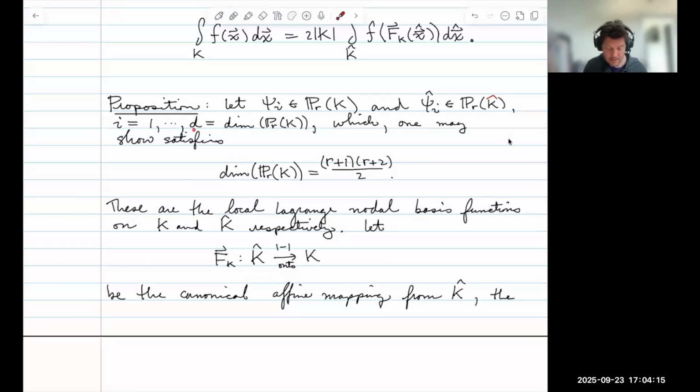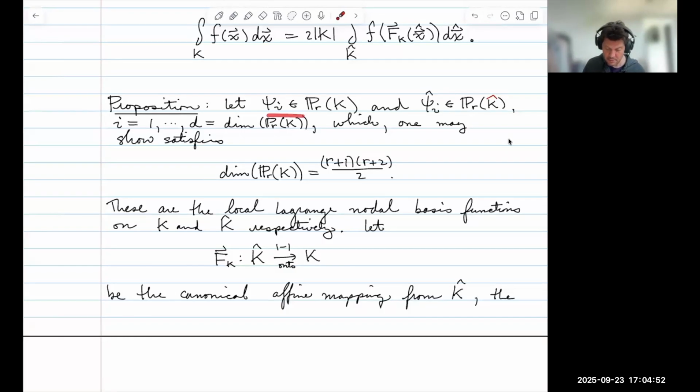So if r is equal to 1, piecewise linears, then d is going to precisely be 3. And if r is equal to 2, then d is precisely going to be equal to 6. It follows this formula. But interestingly, this formula holds true for polynomials of degree 3 and 4, so r equals 3 and r equals 4 and 5 and so on. So this formula holds true, even though we've only discussed it and shown it is true for r equals 1 and 2.